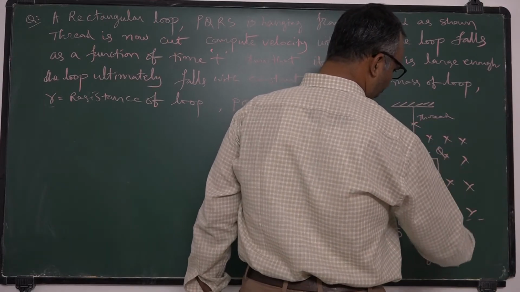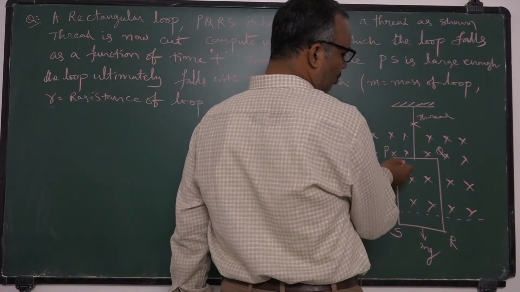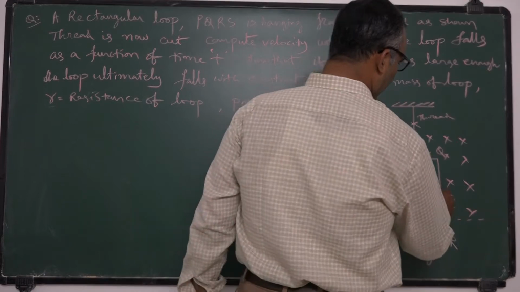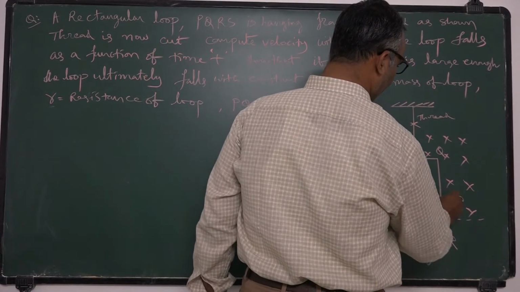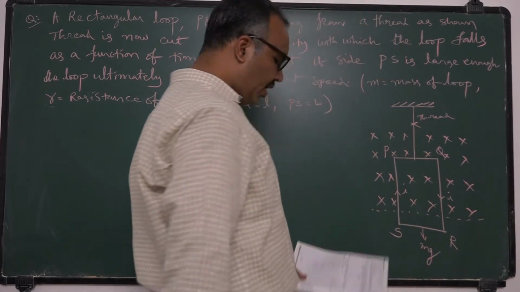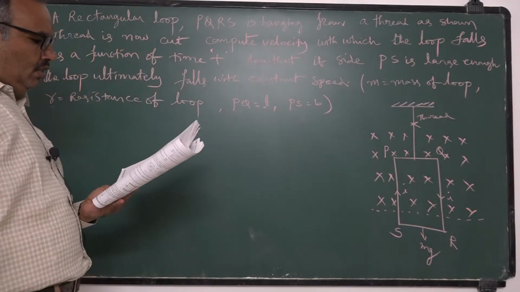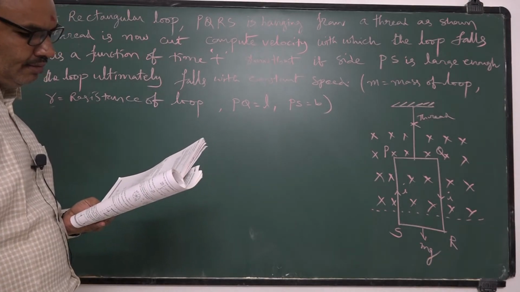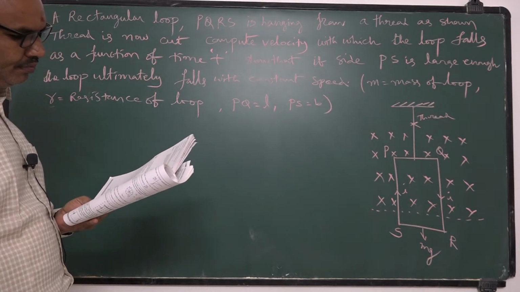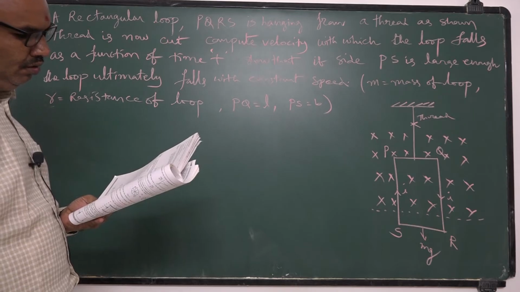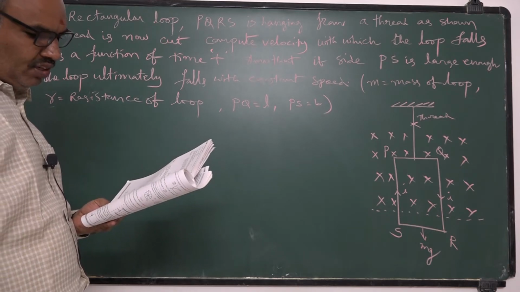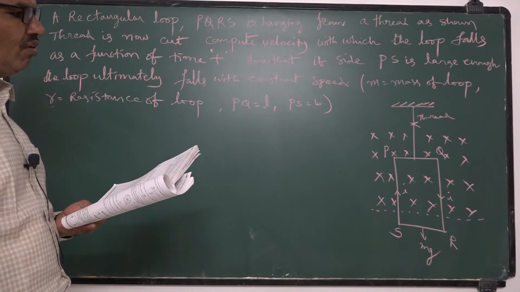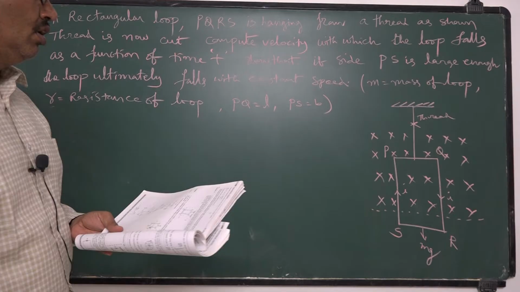While the loop is moving out of the field, the flux linked with the loop is going to change. It develops some induced current in the loop. The induced current may flow in a direction like this. Now, what we need to find is the velocity of the loop as a function of time, and also whether the loop will fall with constant speed or not.